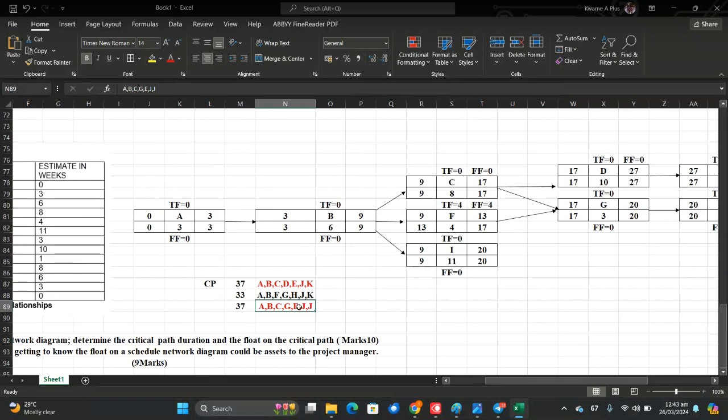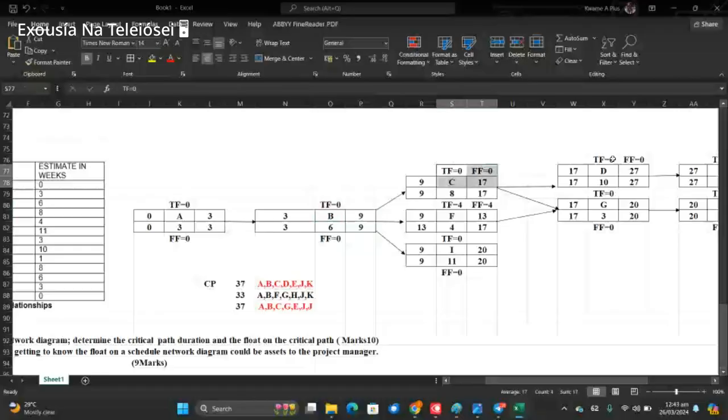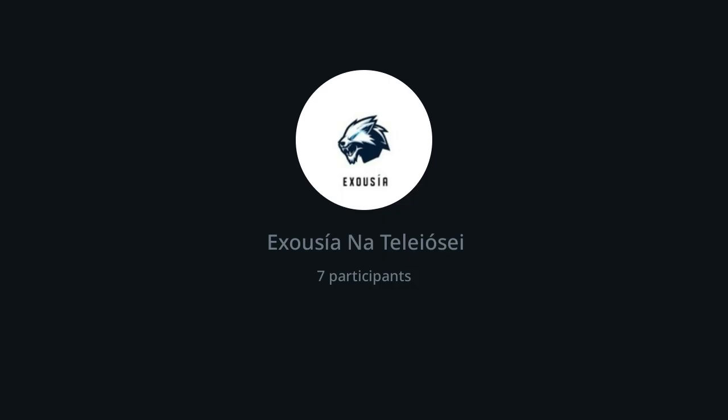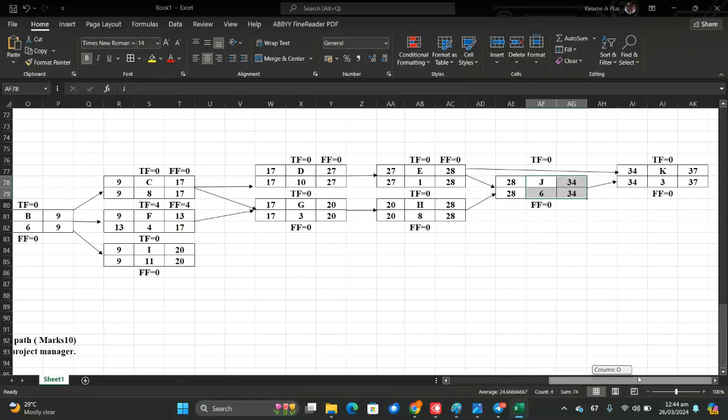The reason why the first one is critical is that total float on a particular route is 0. See, total float A, B, C, D, E, J, F is 0. Meaning any delay in activity is going to delay the project.